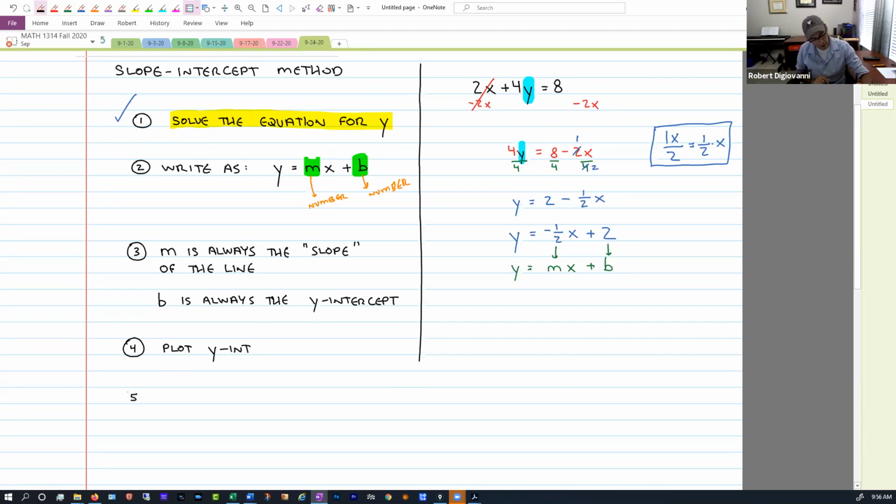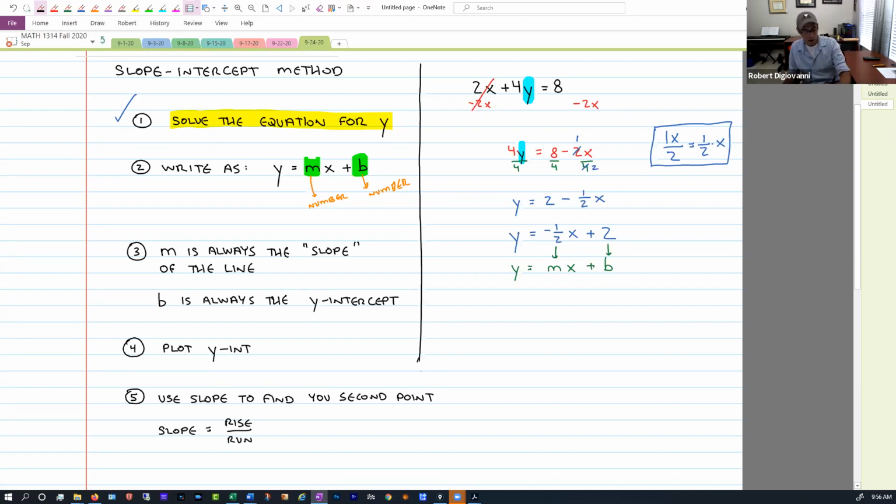And then the last step is use the slope to find your second point, remembering that slope equals rise over run, which we'll talk about when we do the example.